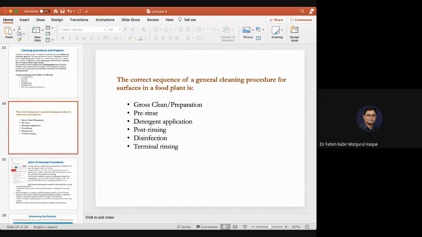These are just the steps of cleaning. When we clean, there are some steps: first we have to prepare the place for cleaning, a kind of gross cleaning. Maybe there could be some dried leaves or something, so we do a gross cleaning, then pre-rinse.